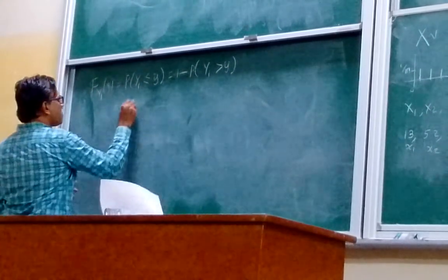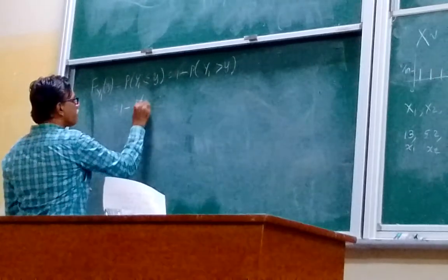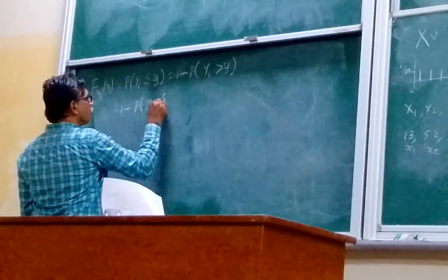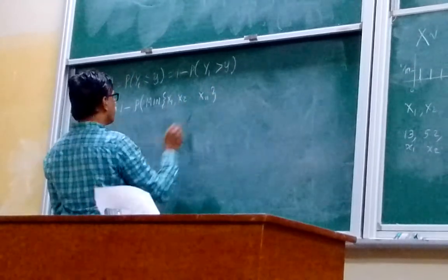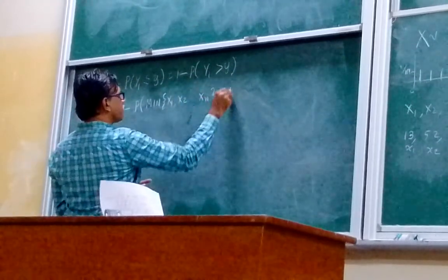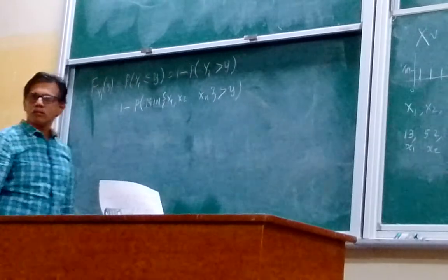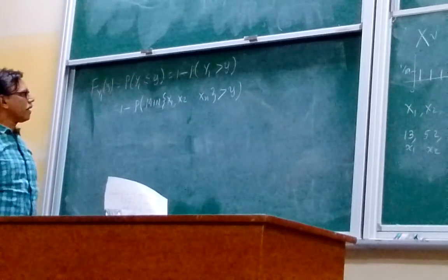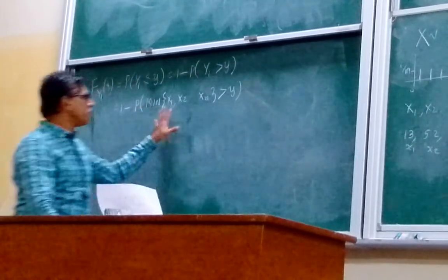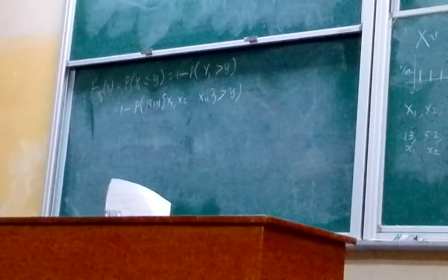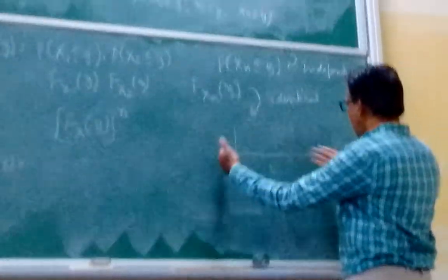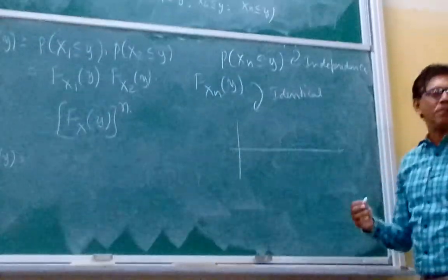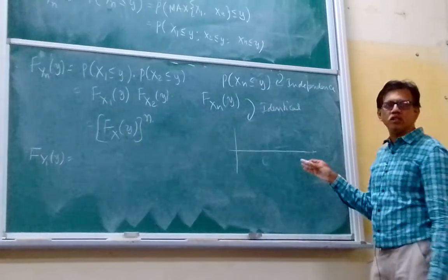That will be equal to 1 minus the probability that min of X1, X2, Xn is greater than y. So here, before that, if you want, you can see why we are writing it like this. See, what we are doing is, let us say this is the range, suppose, for all the random variables. They can take only values in this range.